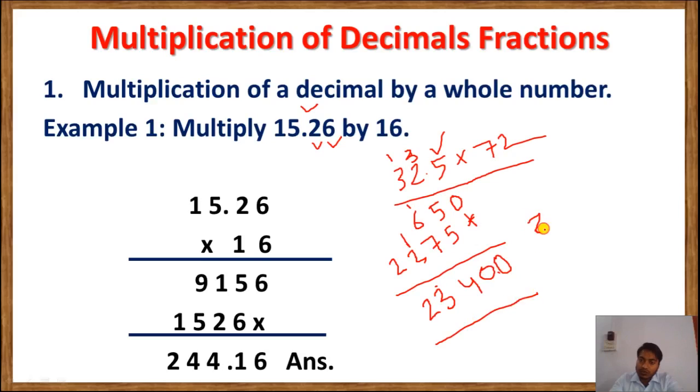So 2340.0... the answer is 234.0. Understood? So this is how you can multiply a decimal by a whole number. This is a decimal number and this is a whole number. Here also this is a decimal number and this is a whole number.